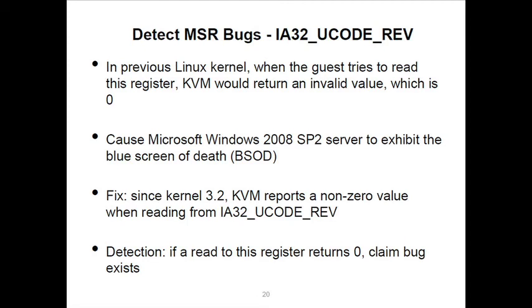Since Linux kernel 3.2, KVM returns a non-zero value. So when the guest, either the BIOS or the operating system, tries to read that register, it will now get a non-zero value. The detection is also very straightforward. We can simply try to read that register. If it returns 0, then the bug still exists. If it returns non-zero, the bug may not exist.